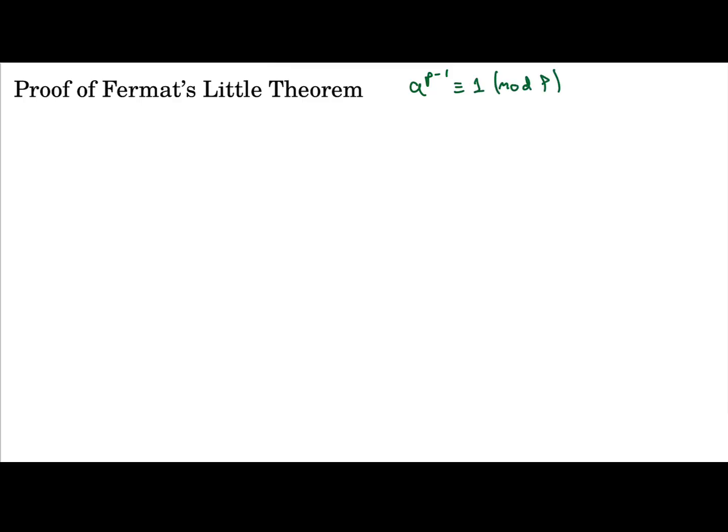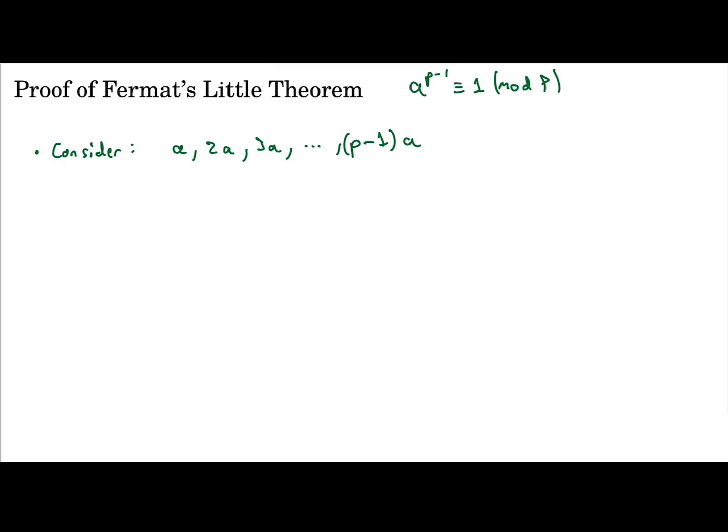The idea is the following. Consider the following list. Imagine that you list out all the multiples of a: a, 2a, 3a, up to p minus 1 times a.